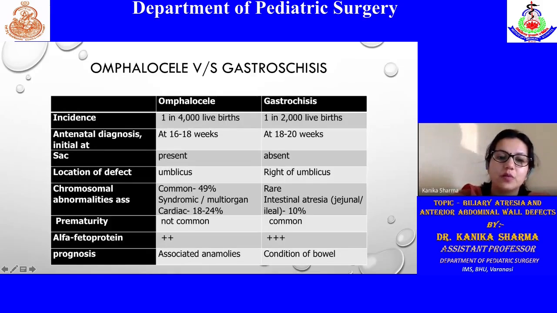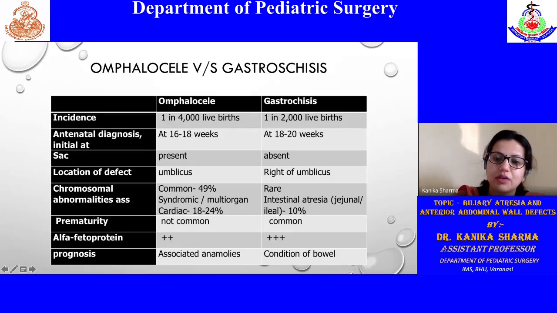While gastroschisis is more common than omphalocele, omphalocele can be diagnosed at an earlier antenatal period in comparison to gastroschisis. The sac is always present with the omphalocele. The defect is located at the umbilicus, while with gastroschisis it is right of the umbilicus. Chromosomal anomalies are more common with the omphalocele, while intestinal anomalies or gastrointestinal issues are mostly seen with gastroschisis.